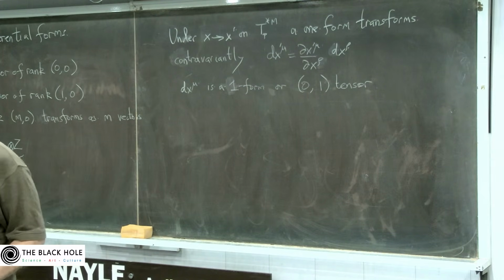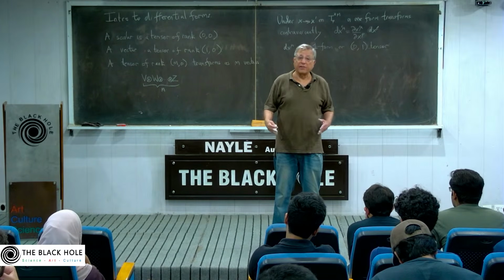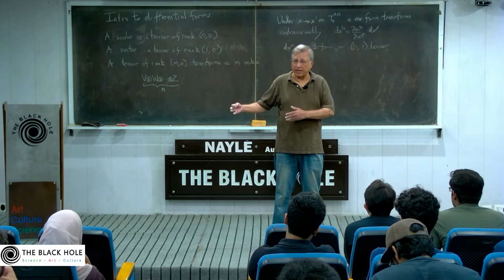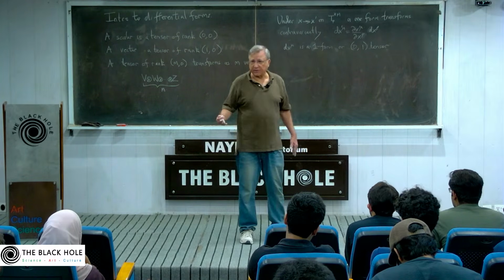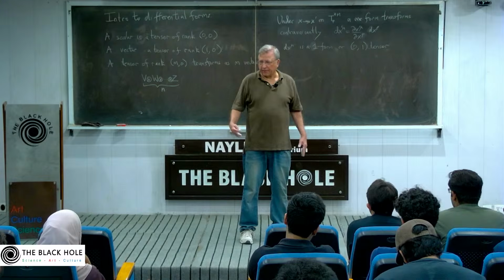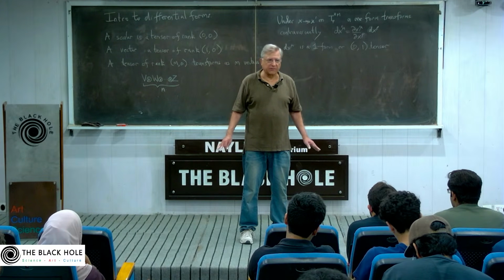And then we can put a lot of one forms together, and it will give a 0n tensor of that type. So in this way, we can build all the tensors that we want.